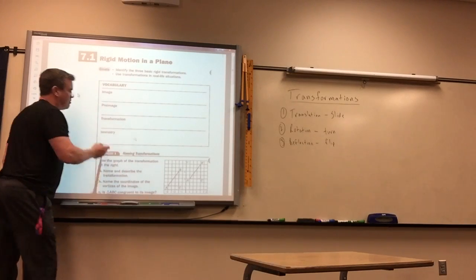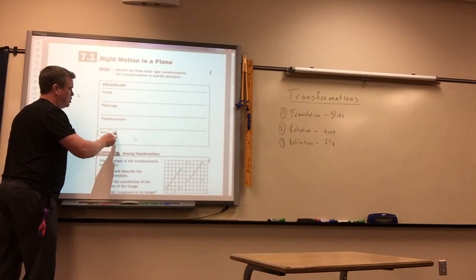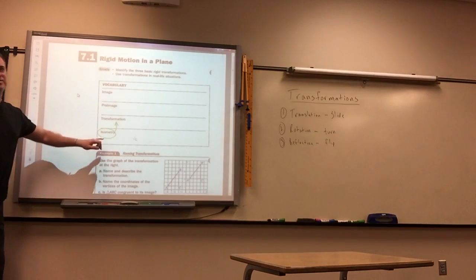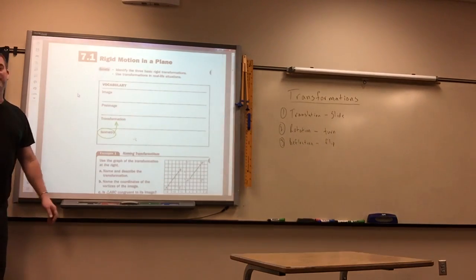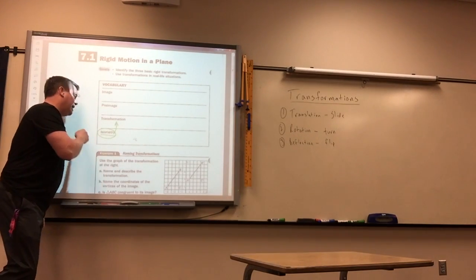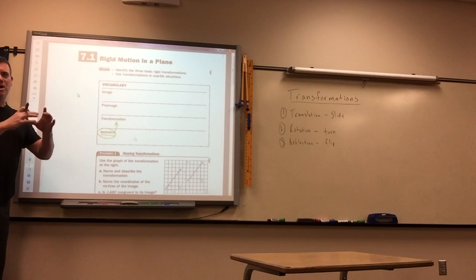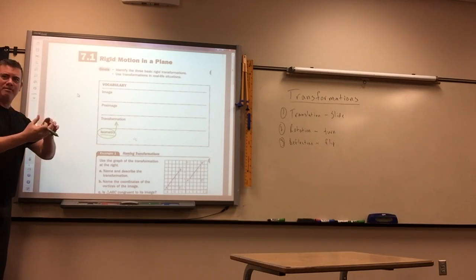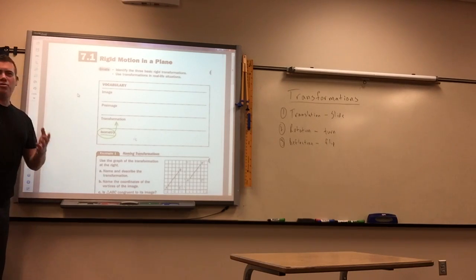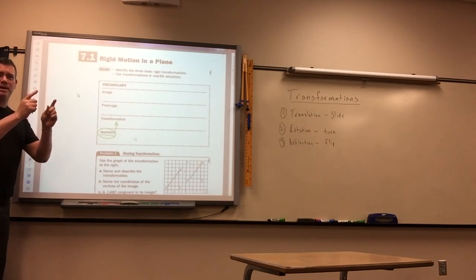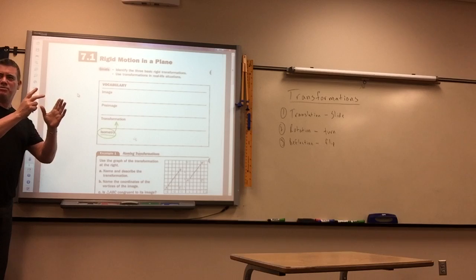Now, all of these things, when you do a transformation, are called isometries. Isometry, you guys did isometric drawings, where you had the block and you had to draw the front, top, and side view. The reason why it's isometric drawings is because it's the same size. You had to measure the block, right, and make your drawing the same size.